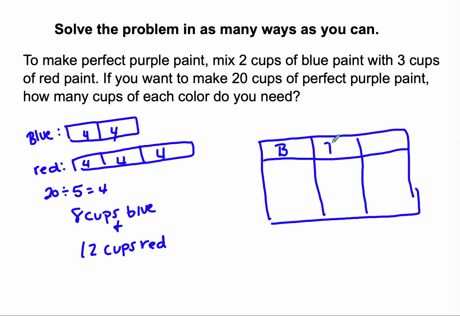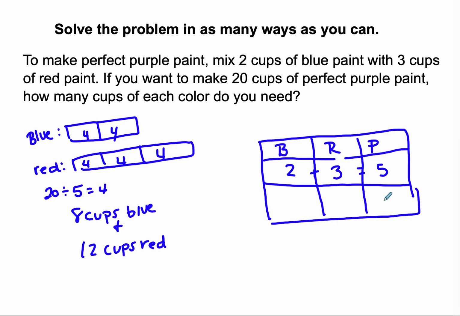Blue, red, purple. Two cups blue, 3 cups red. I add those together. One batch makes 5 cups of purple paint.